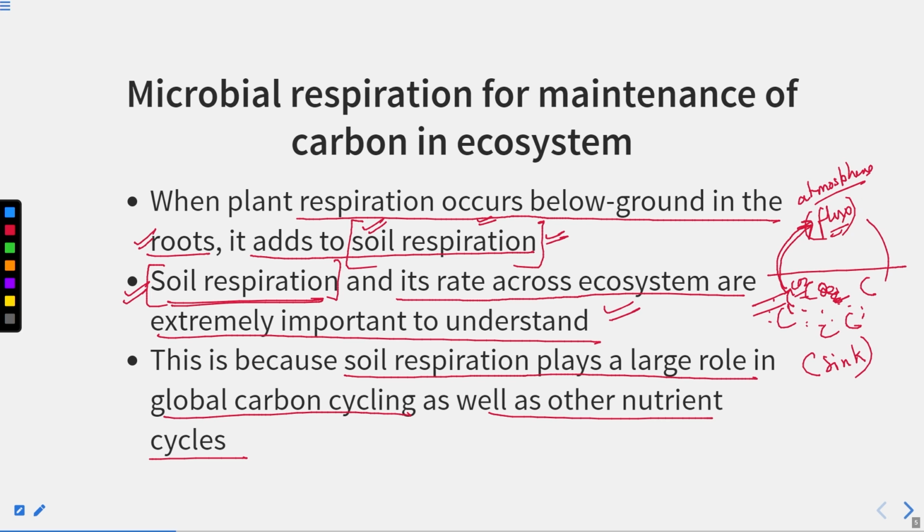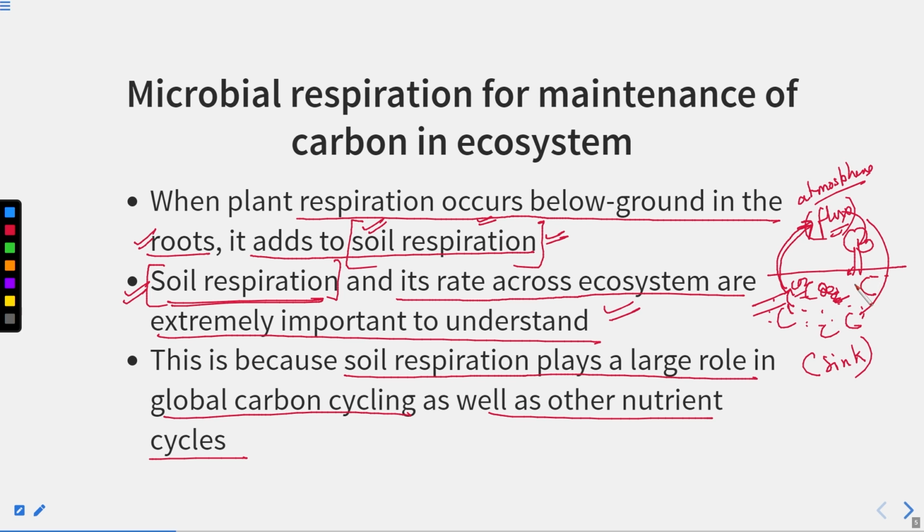And again, the carbon dioxide present in the atmosphere is taken by green plants by the process of photosynthesis. When these plants and animals die, because their structural body component is made up mostly of carbon, they become part of the soil.